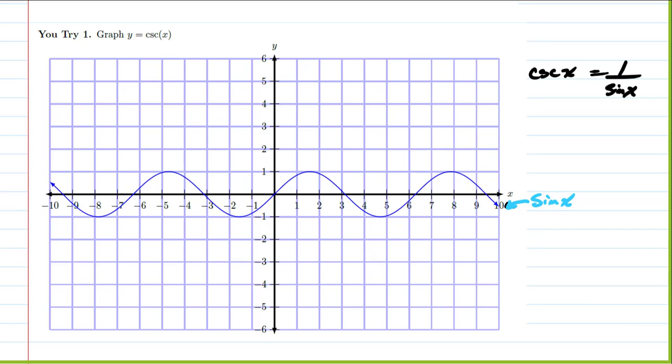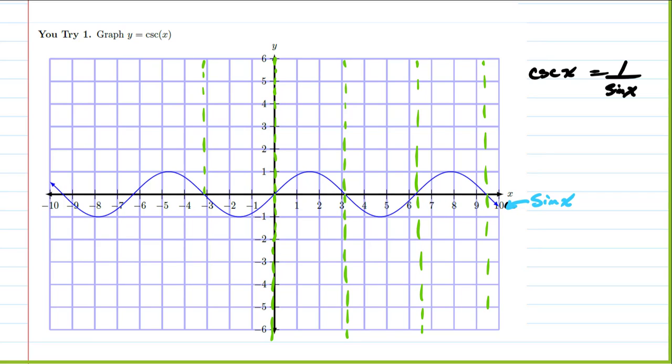All right, so our vertical asymptotes are going to be anywhere sine is 0. So sine of 0 is 0. Sine of pi, and then 2 pi, and so forth. We'll get some over here as well.